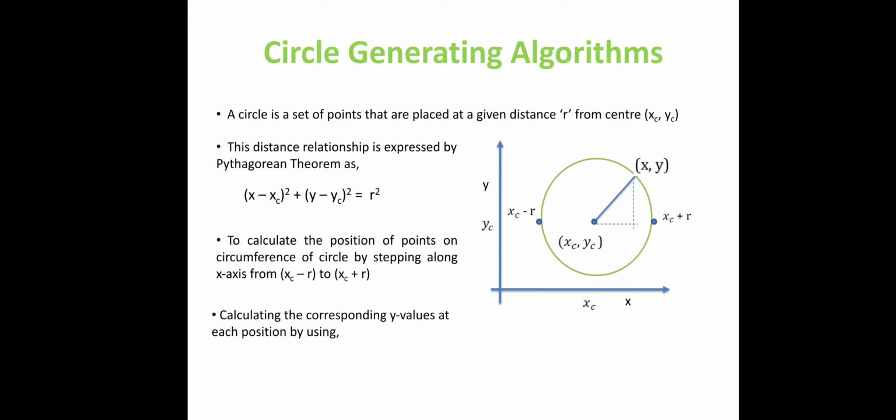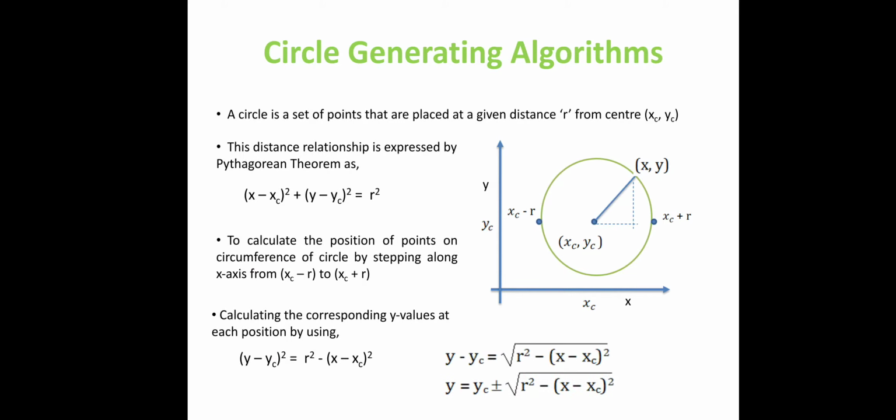To calculate the corresponding y value, now I know that for this value x is incremented by r, right? But what is the y value for that? So we will use the above equation, keeping y on this side and taking the x terms to the RHS, so it becomes minus over here, and we find the value of y. First of all we take the square root of both sides.